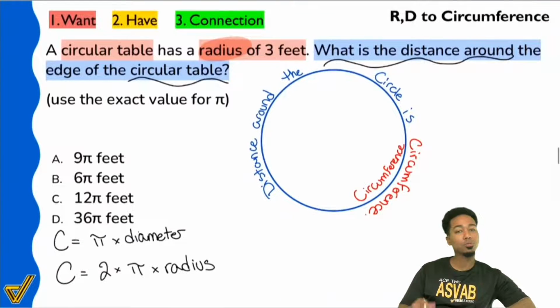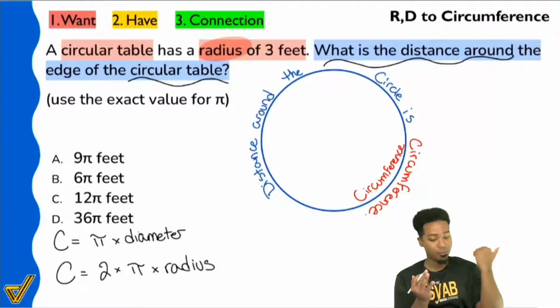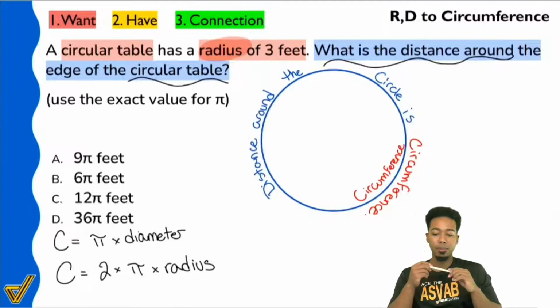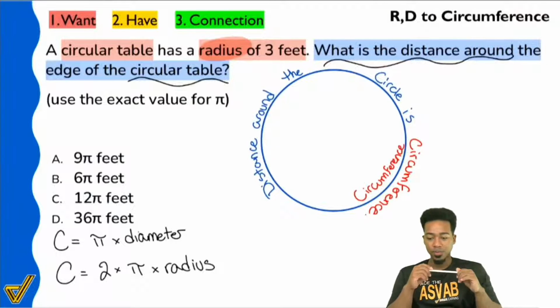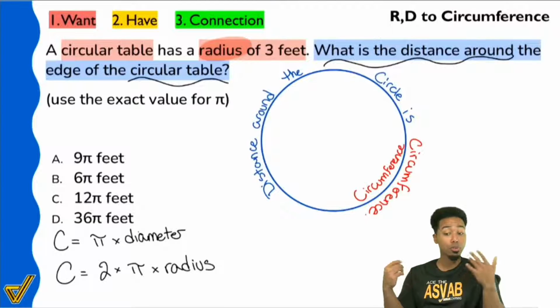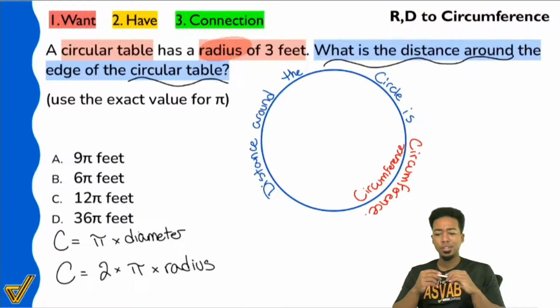Because it says radius and we're looking for circumference, everyone fully type out in the chat box the formula that we should use for this problem. That's right. C equals 2 times pi times r, or circumference equals 2 times pi times radius, whichever way you want to say it.